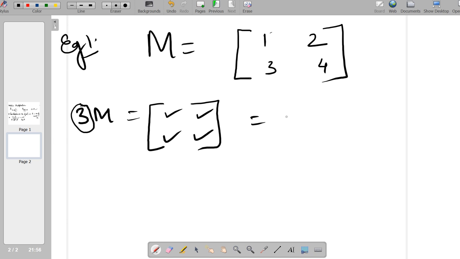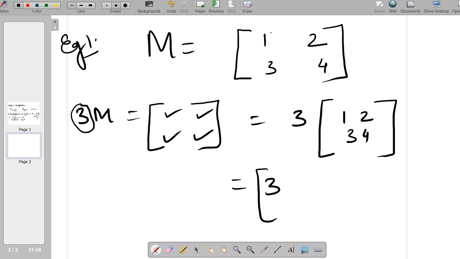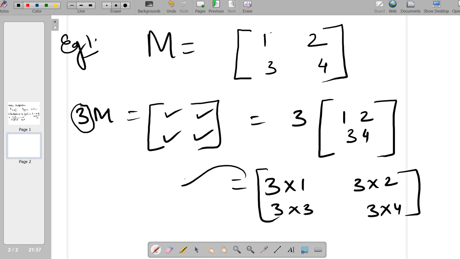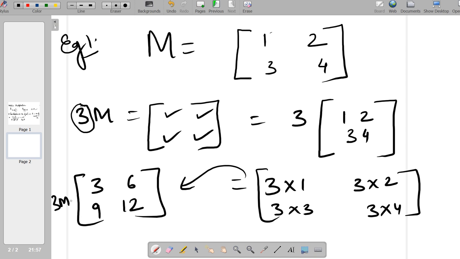So 3M is equal to 3, and inside the bracket you have all the values 1, 2, 3 and 4. This scalar value will be multiplied individually by each component. 3 ones are 3, 3 twos are 6, 3 threes are 9, 3 fours are 12. So this is the value of 3M.